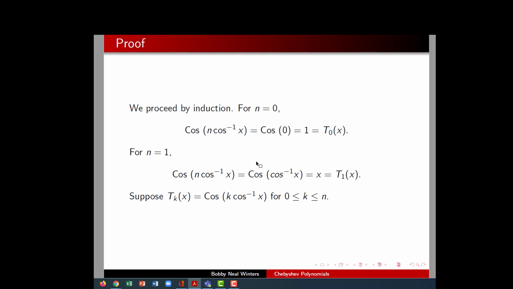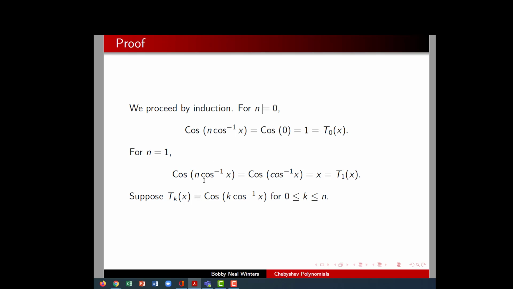Well, we do it by induction, and we have two basis steps because we're going to be using our inductive formula. For n equals 0, we plug 0 into that formula, and it turns out 1, which is T sub 0.